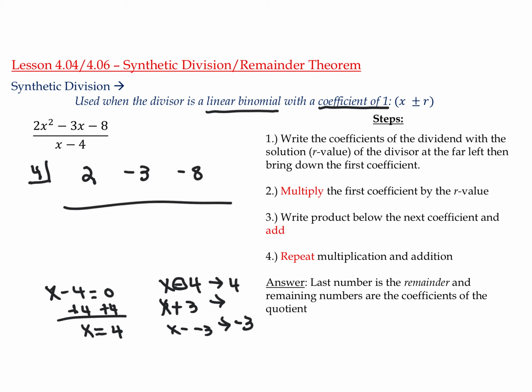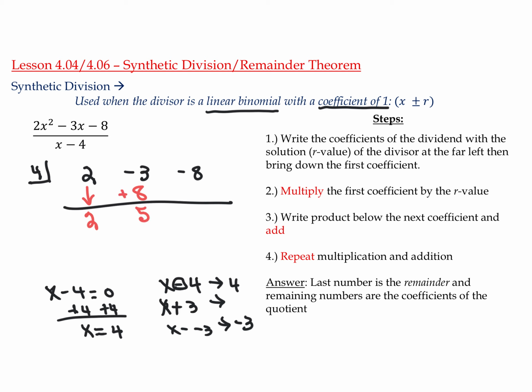The process of synthetic division is that you bring down the first coefficient. At that point, you multiply 2 times 4, which is 8, and we then add the two numbers together. Negative 3 plus 8 is going to be 5.